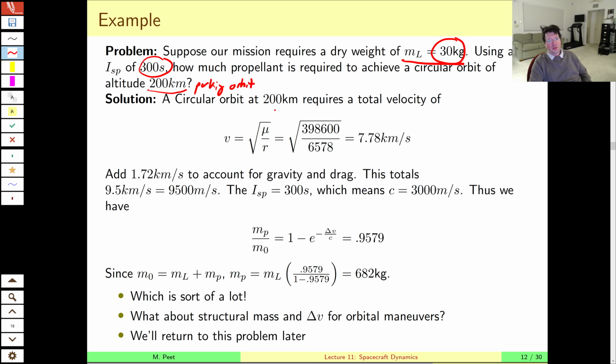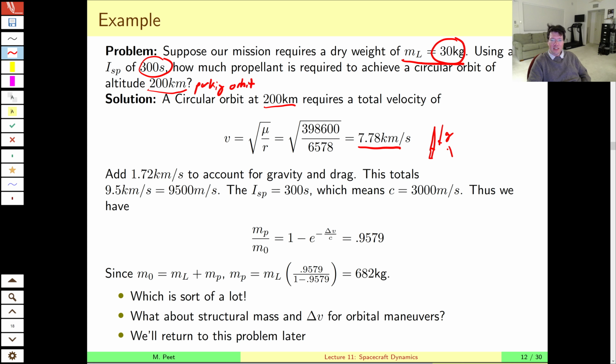So we learned earlier on that a circular orbit at 200 kilometers has a circular velocity of 7.7 kilometers per second. To that, we need to add some additional tolerance, to account for that initial time when we are burning perpendicular to the gravity or parallel to the gravity.